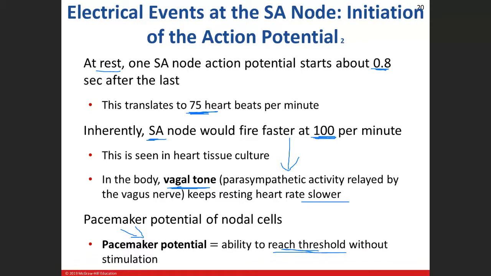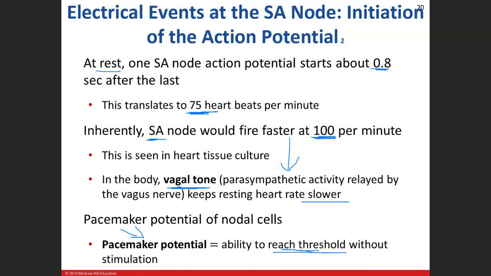That -60, to open up those slow voltage-gated sodium channels, we don't need a specific outside stimulus or any kind of stimulus. Once we hit that value, they open up. And then once you get to that threshold value of -40, the fast voltage-gated calcium channels open up. So there's no stimulus that occurs. You just have to reach a value for those things to happen.